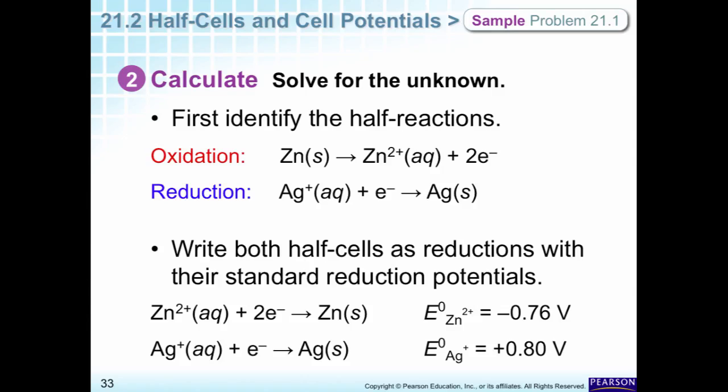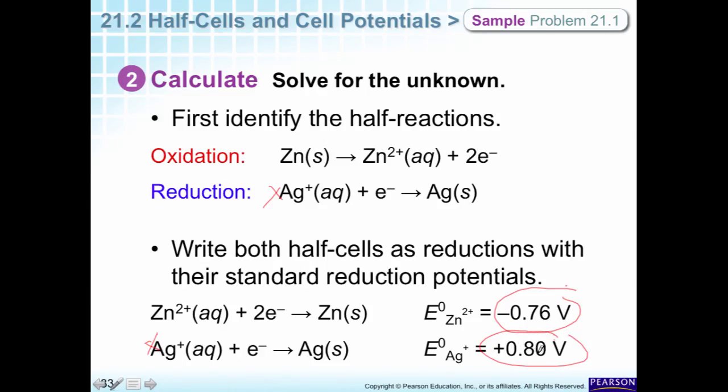Everything on this slide is what I've just shown you before, except for this part. So the standard reduction potential for that is minus 7.6, and this is plus 8.0. Now this one here and this one are the same.